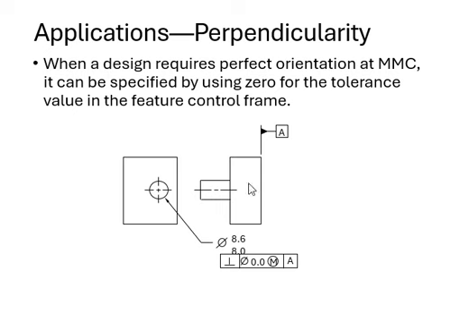If you need a perfect orientation with your MMC, your max condition, you can specify that by using the 0, which is this little guy right there, in this feature control frame. So that's a tolerance value.